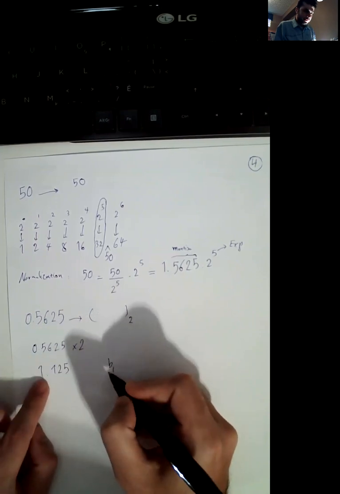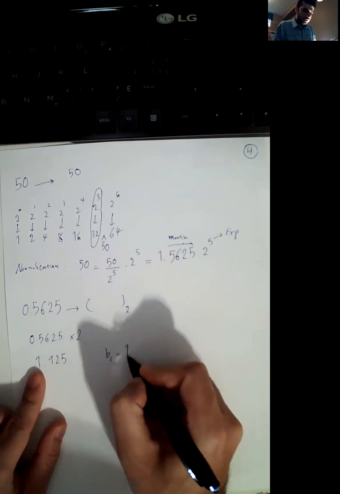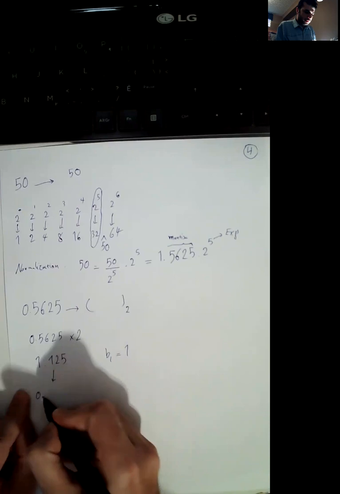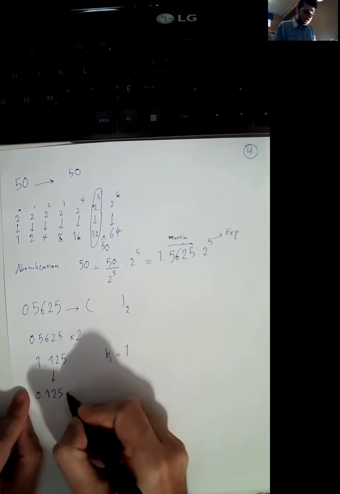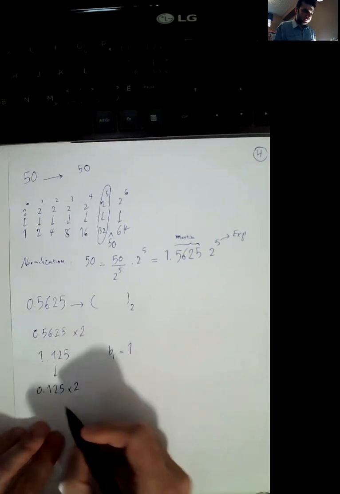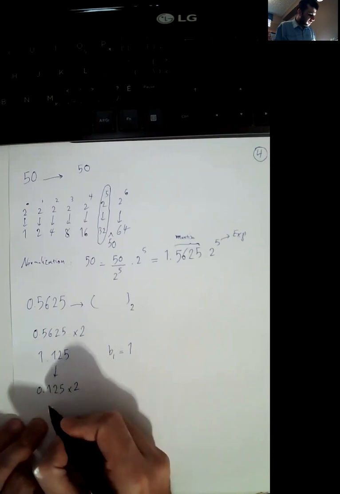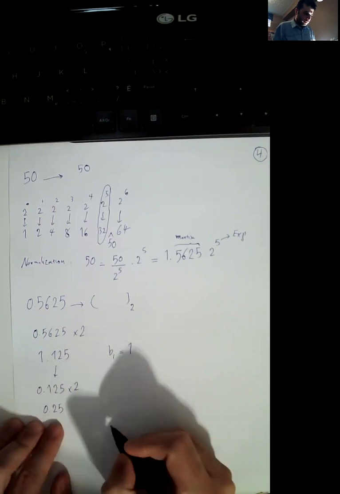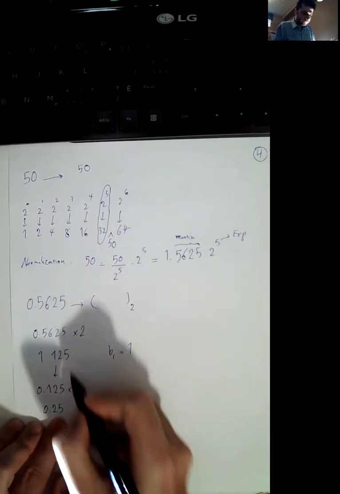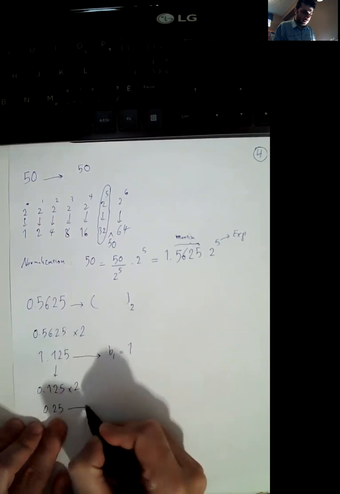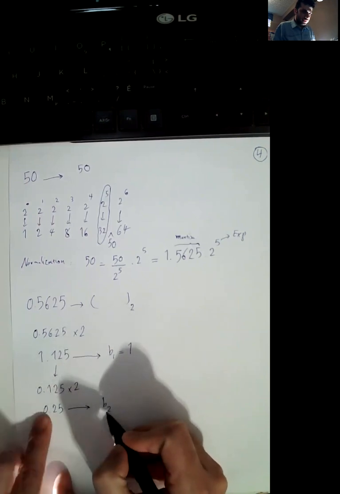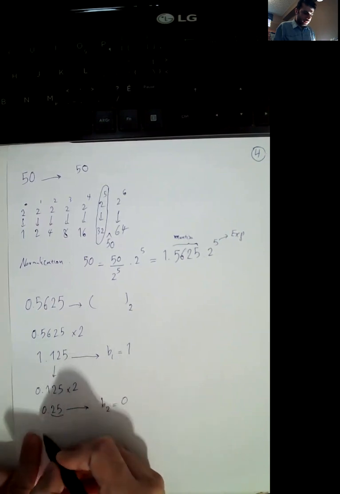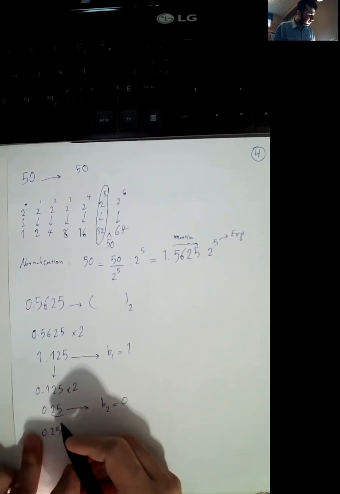We extract the integer, which is 1, and then write only the fractional part. Again, we multiply by 2. The answer would be 0.25, and we extract the integer, which is 0, and we write the fractional part only, which is 0.25.